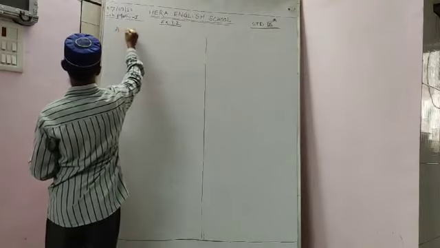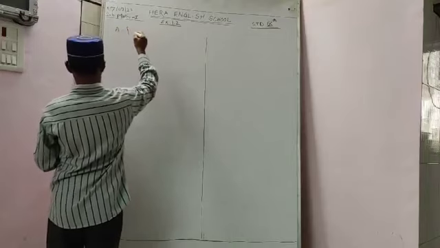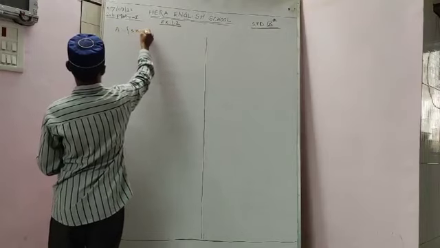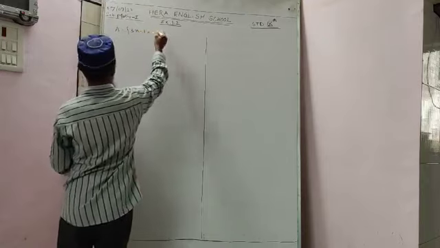Set A is given: 3x minus 1 is equal to 2.